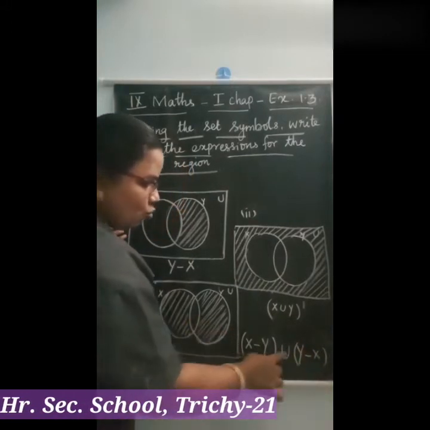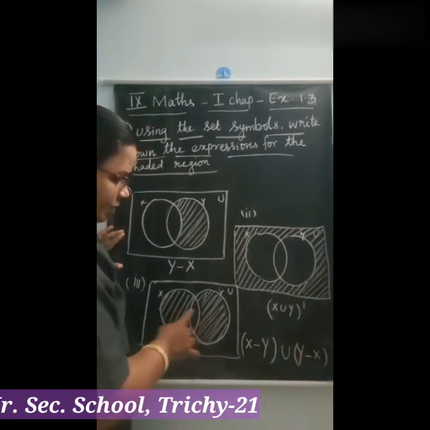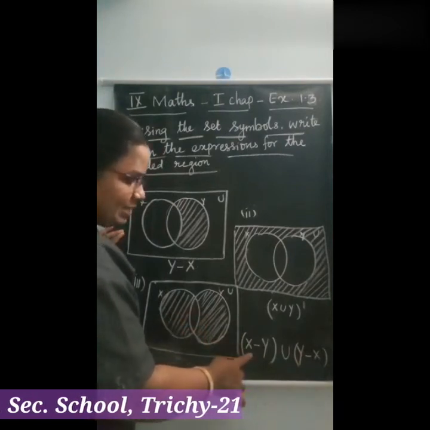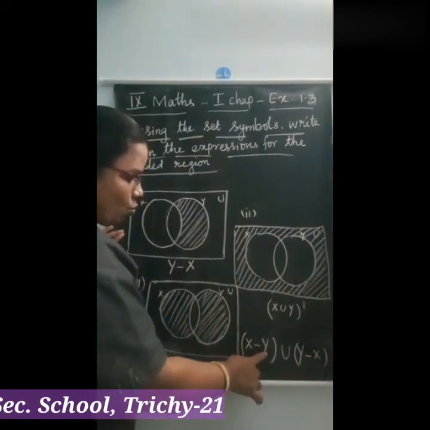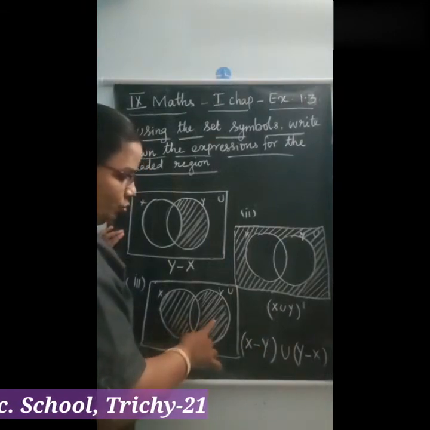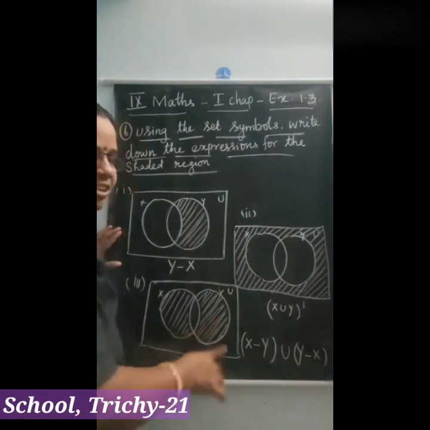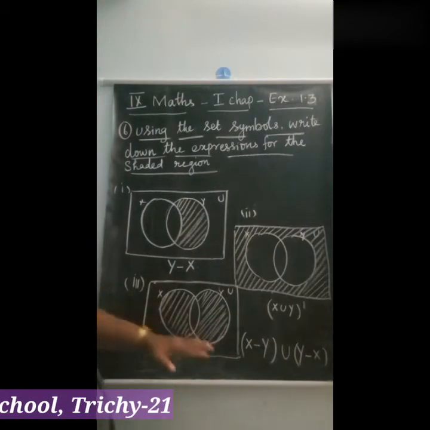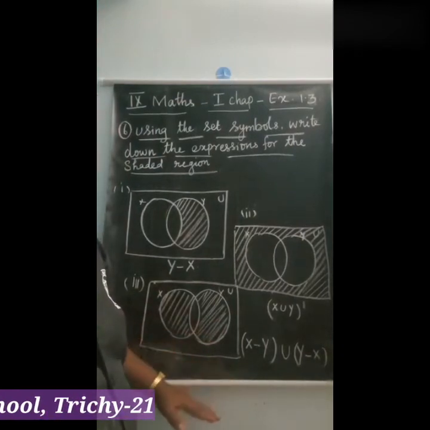So these two parts only are shaded. So we express it like this: x difference y union y difference x. This is the answer for this third shaded region.